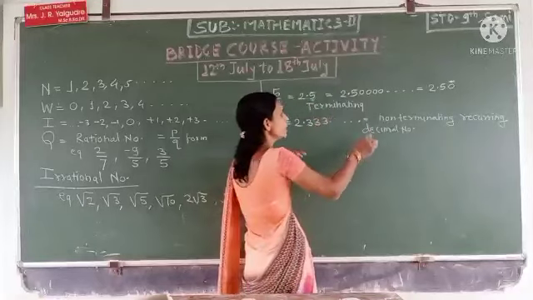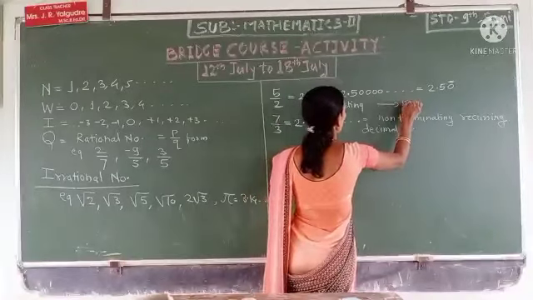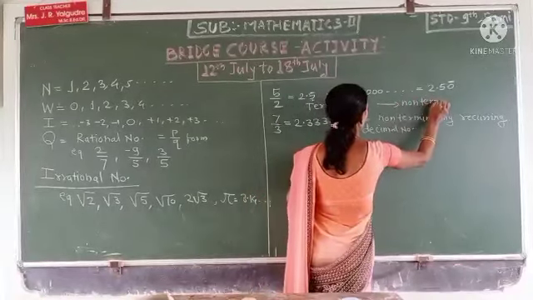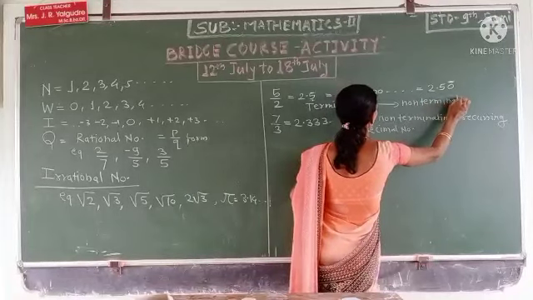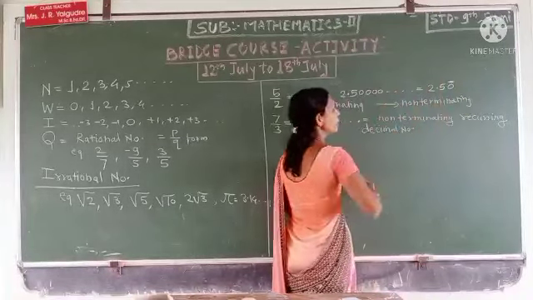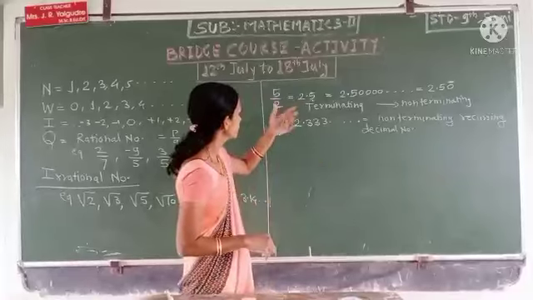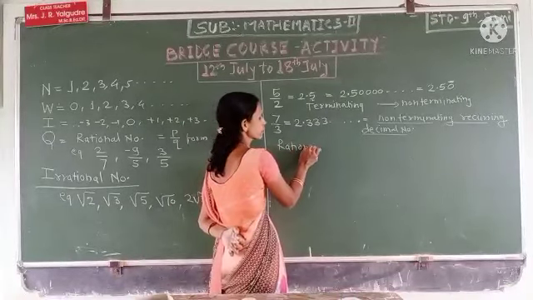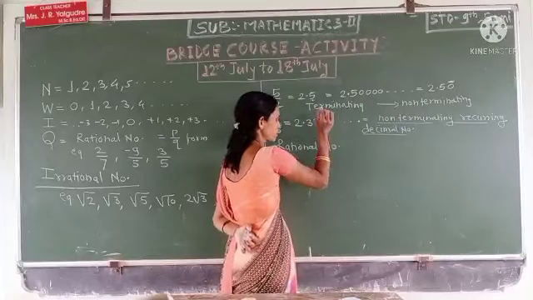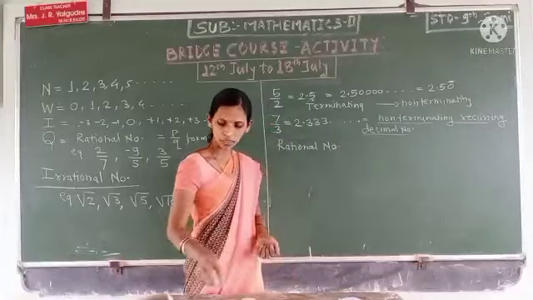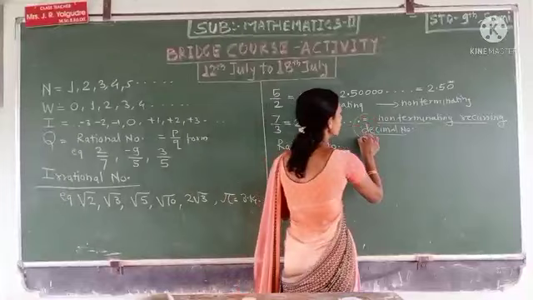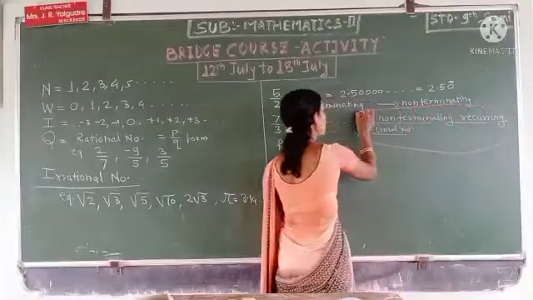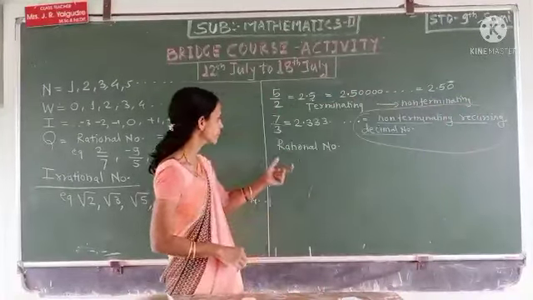This can also be written in the form of non-terminating decimal form. And see here, those numbers are rational numbers. That means rational numbers are non-terminating recurring decimal form numbers.